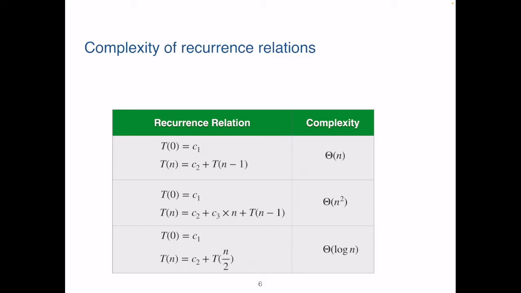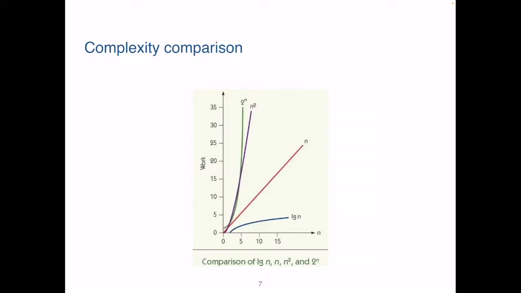Now we have seen 3 different recurrence relations and their corresponding complexities. Note that these recurrence relations can be used to characterize many recursive functions. Here is a graph comparison of different orders of growth. We know n is linear. Log n has a much slower growth rate, so log n algorithms are generally considered as very efficient.